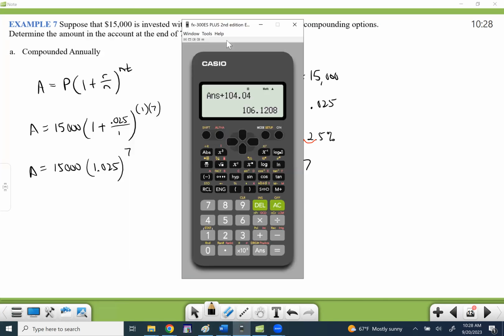All right. So I'm going to do 15,000, parentheses 1.025. This is exponential growth because it's bigger than 1. Should grow. Oops, delete, to the 7th. All right, so this is nice because this formula just goes right to the amount in the account.